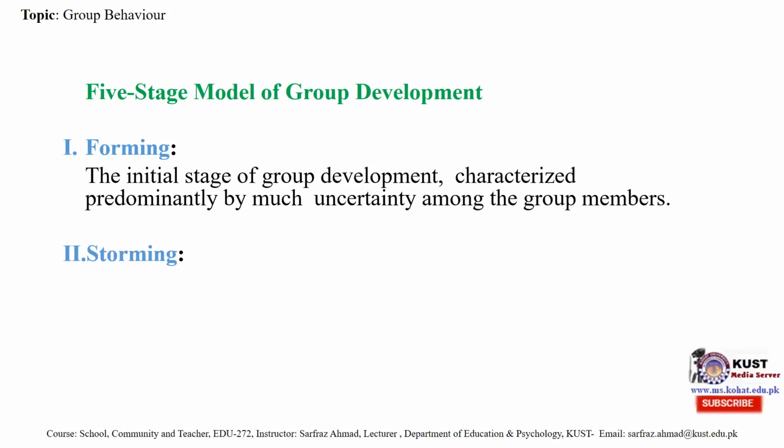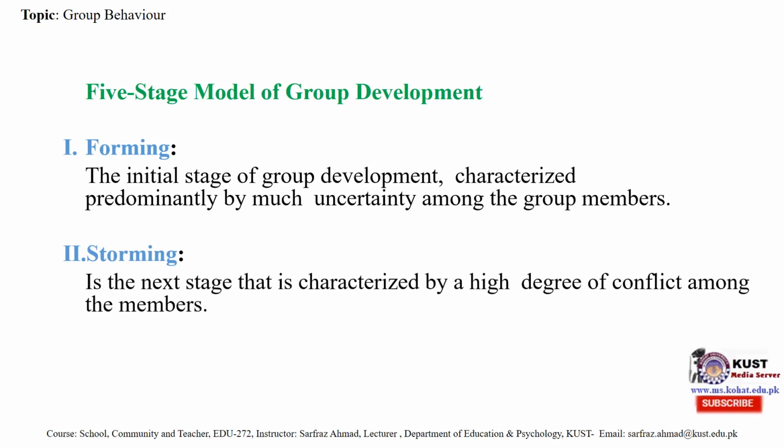The other stage is power struggle, meaning the storming stage. The second stage of group development is the storming stage. The storming stage is where dispute and competition are at their greatest because now group members have an understanding of work and a general feel of belongingness towards the group as well as the group members.